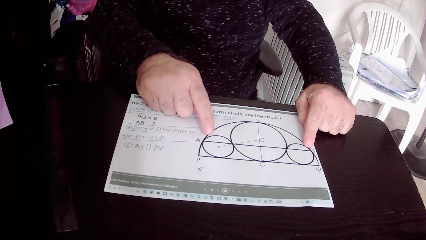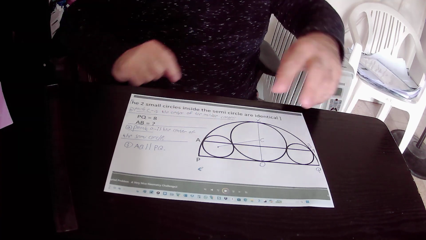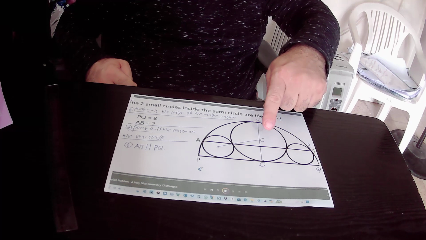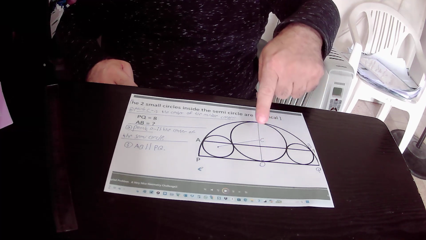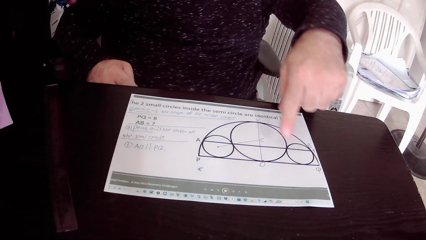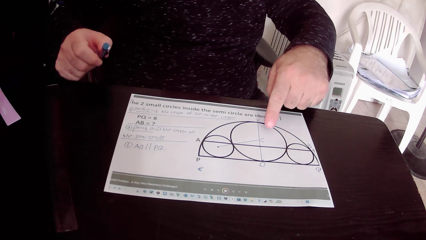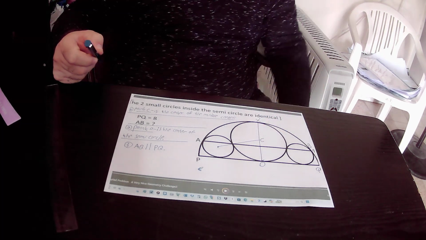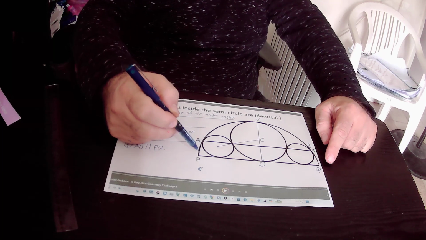Those two small circles are identical, and in the middle we have the circle that is tangent to the semicircle at this point O, and point O is also the center of this semicircle, and point C is the center of this middle circle, and we know that PQ equals 8 units.